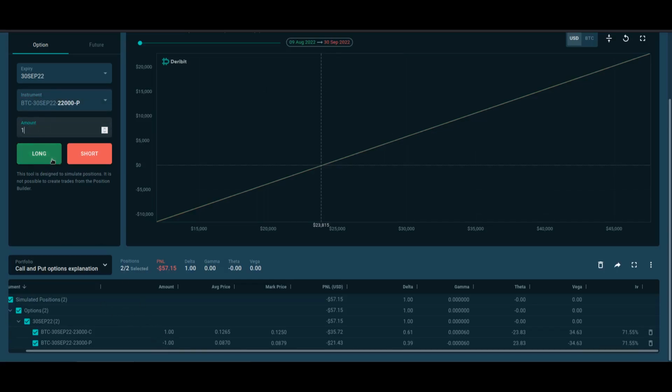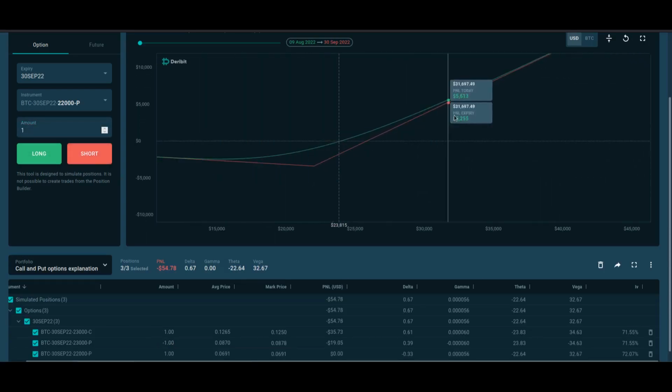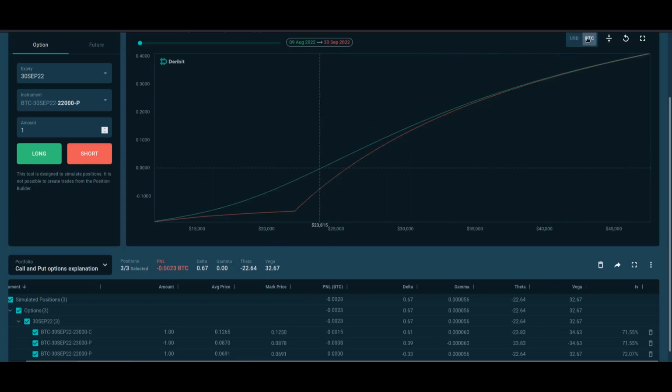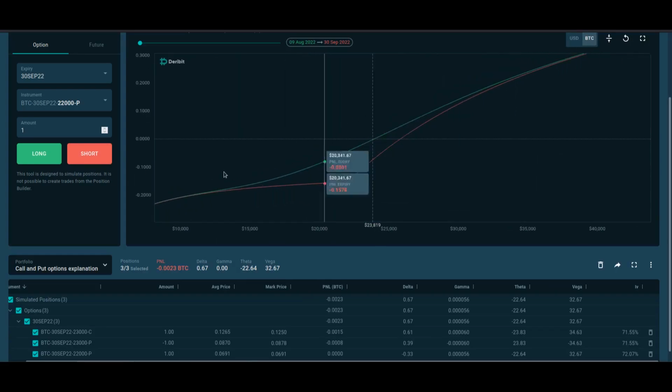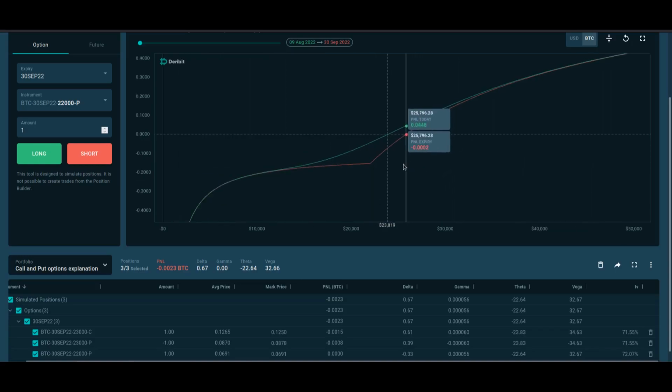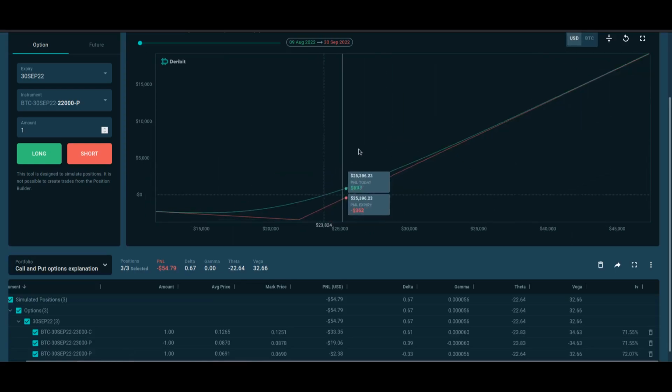Underlying asset is 1, so we buy put, and here we are. Let's switch to BTC, we have limited losses. I don't know why it plots like this, because net position of delta will be 0 after 22,000. So probably it's a glitch of the platform.